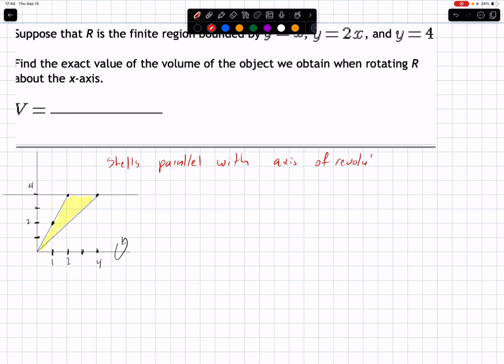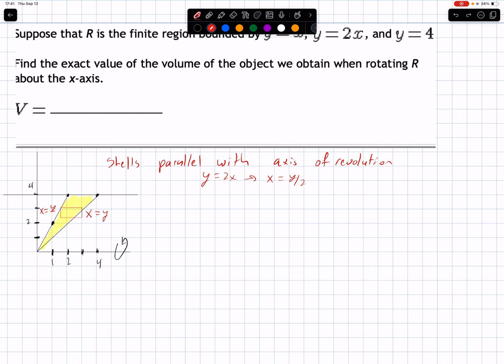If I draw my representative rectangle, there it is. The right is determined by x equals y. And then we have y equals 2x. If I solve that for x, x is equal to y over 2. So x equals y over 2 would be the left side.